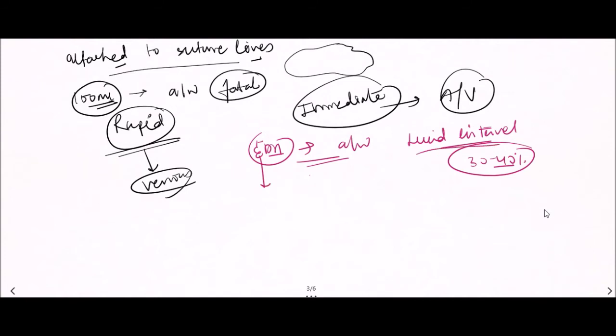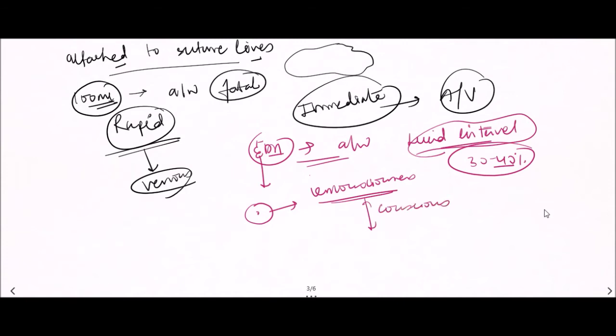So what is the concept of the lucid interval? What happens immediately after head injury? There is immediate unconsciousness. Then after some time there will be a period of consciousness.